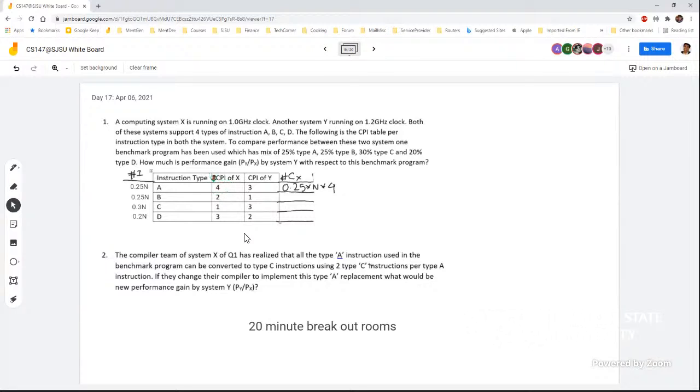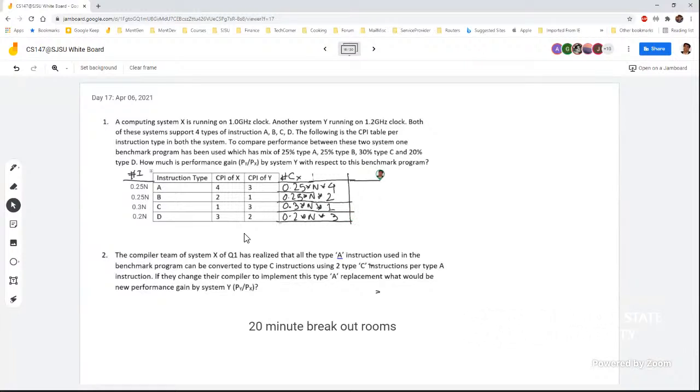And then for the next one, it is 0.25 multiplied by n multiplied by 2, because the CPI is 2. Similarly, we can extend this to the others: 0.3 multiplied by n, the number of instructions, multiplied by CPI, that many clocks. For D, 0.2 multiplied by n multiplied by 3, that is the CPI. That is for system X.